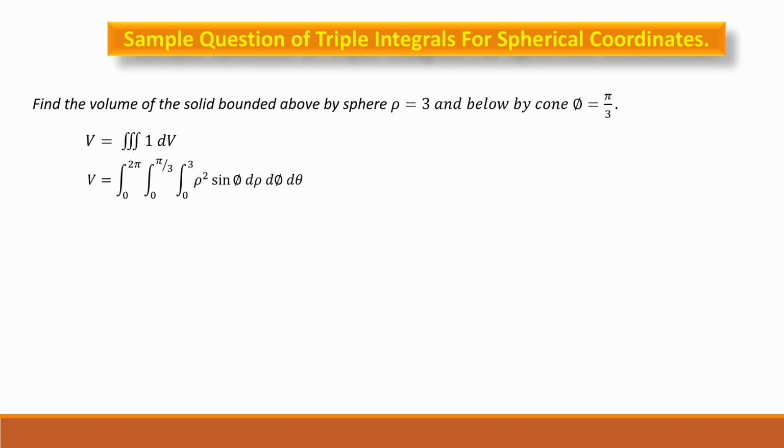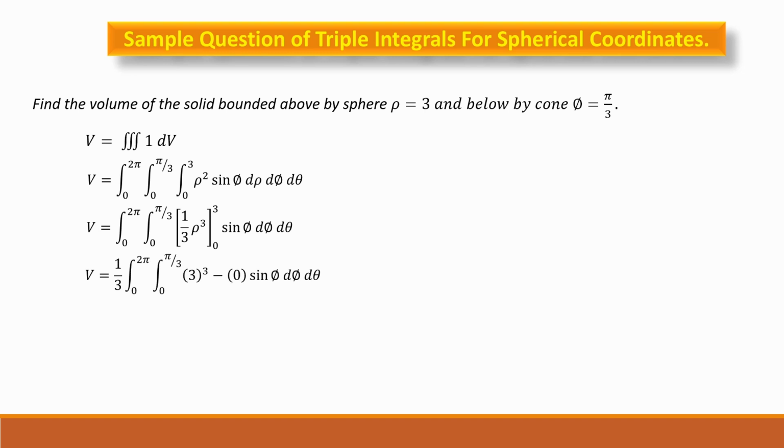And then we just solve the triple integral. First, we integrate rho square, and then we will get 1 over 3 rho cube. Then we substitute the limits 0 until 3, and we move out the 1 over 3, and then we solve 3 cube minus 0, and we will get 27.